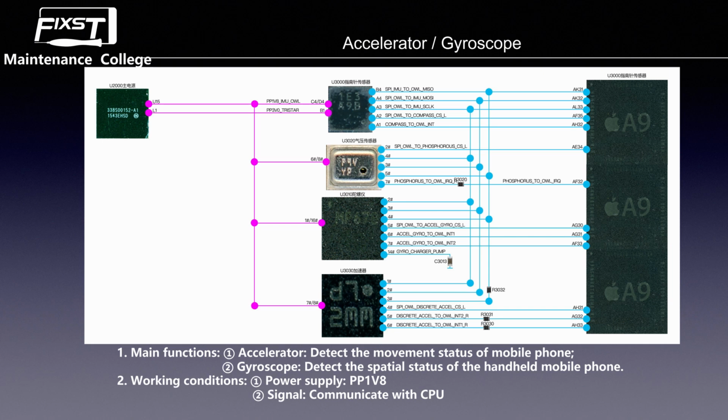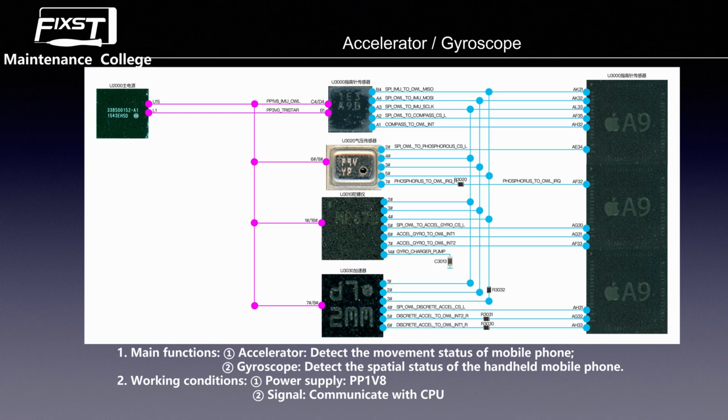Okay, now we talk about the accelerator and gyroscope. In some iPhones, these two sensors have been integrated into one sensor. In some iPhones, maybe you cannot find the accelerator, but you don't need to worry, because some iPhones have the accelerator integrated in the gyroscope IC. So the gyroscope IC has two functions.